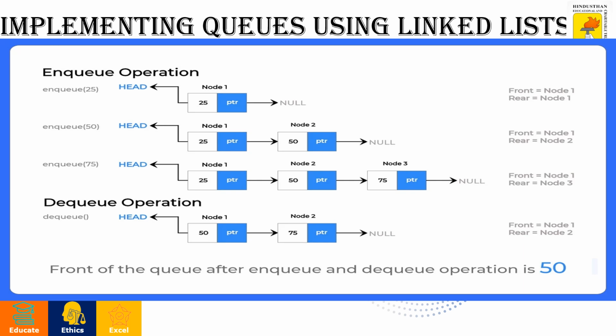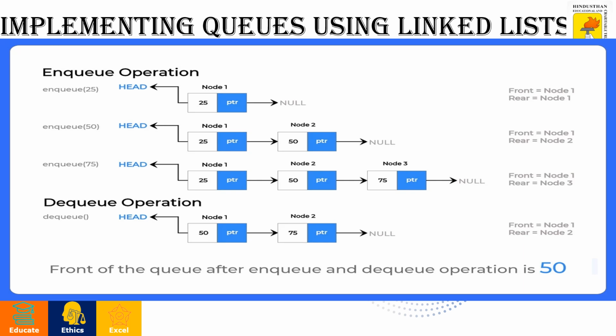When it is inserted at the back of the queue, the rear pointer will be moved one position. So in the second case, the front pointer will be pointing to node 1 and the rear pointer will be pointing to node 2. When you add a third element, 75, in the same way the front pointer is not moved, it is pointing to node 1.